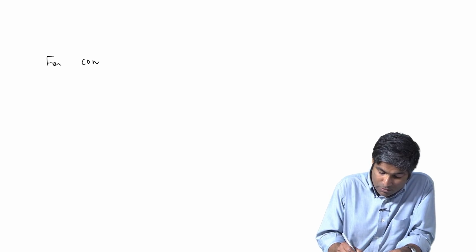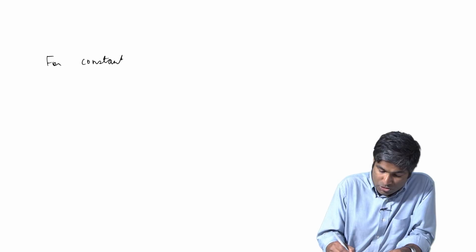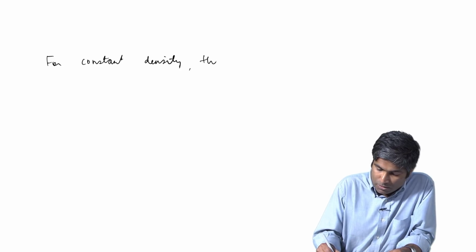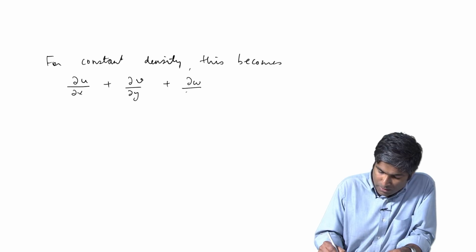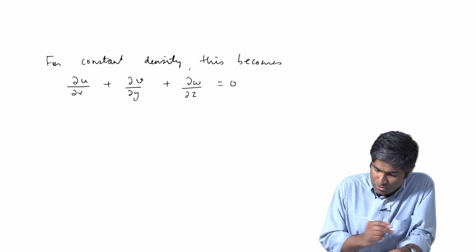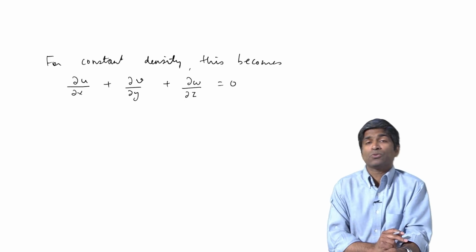And so for constant density, which is what we are mostly going to consider, this becomes del by del x of u plus del by del y of v plus del by del z of w is equal to 0.